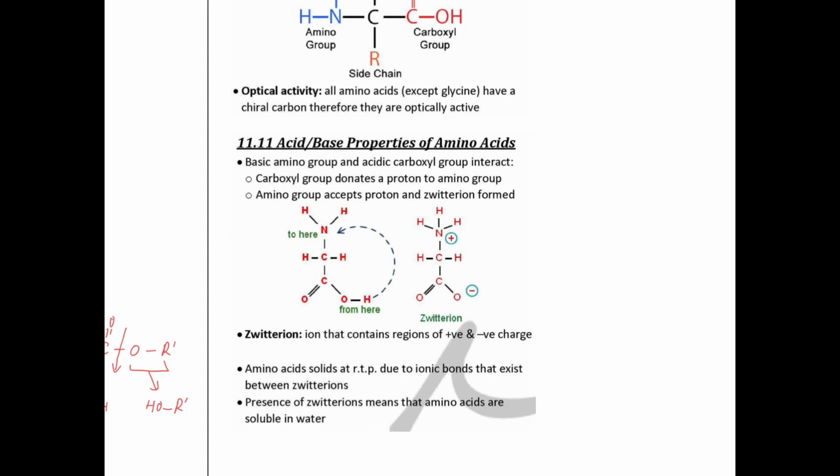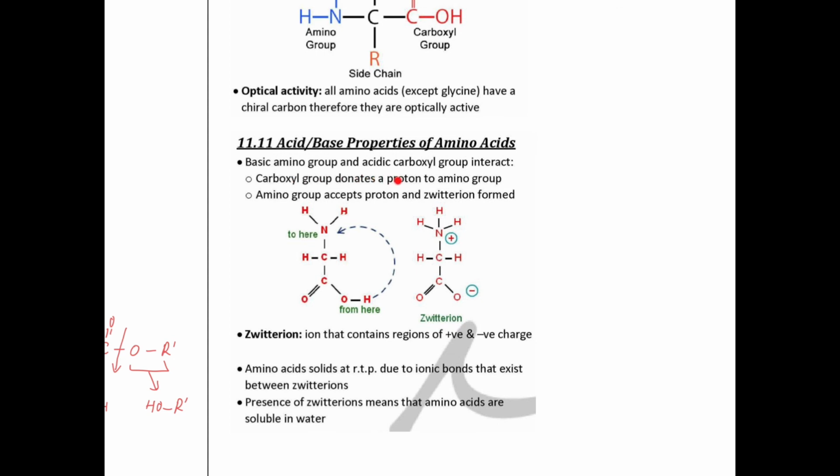Let's take a look first. When they dissolve in water, as you can see here, they form zwitterions. Now, let's see here. The basic amino group and the acidic carboxyl group interact. So this neutralizes this, they interact in that way.